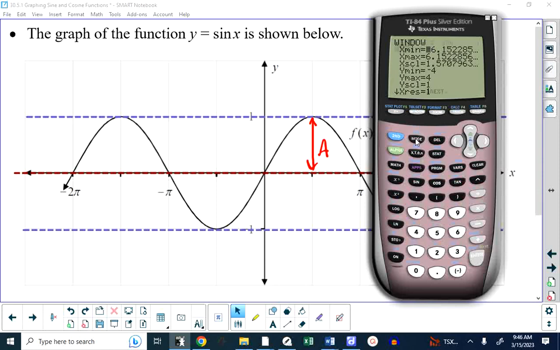If you change your mode now and look at your graph, it's not going to look right because I've put my calculator in degrees, but it still is using the window setting that it came from by using radians. So I can go zoom trig again. It looks the same.